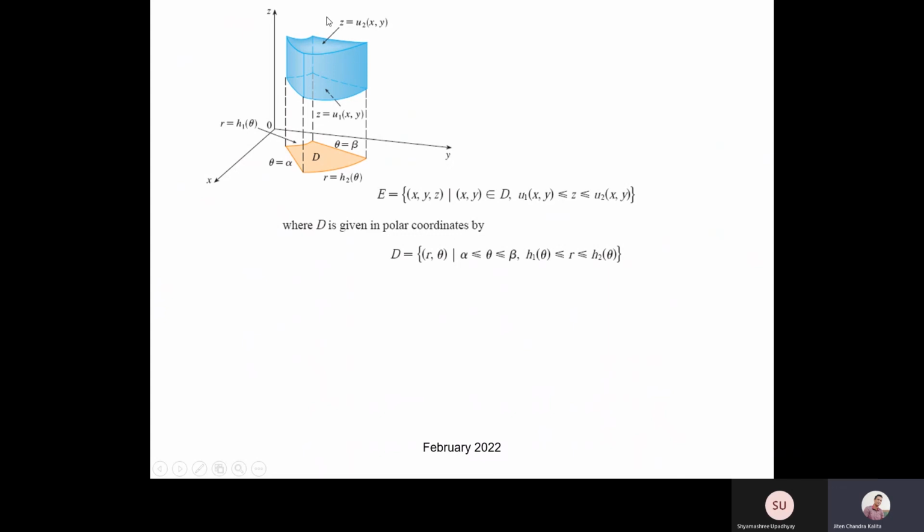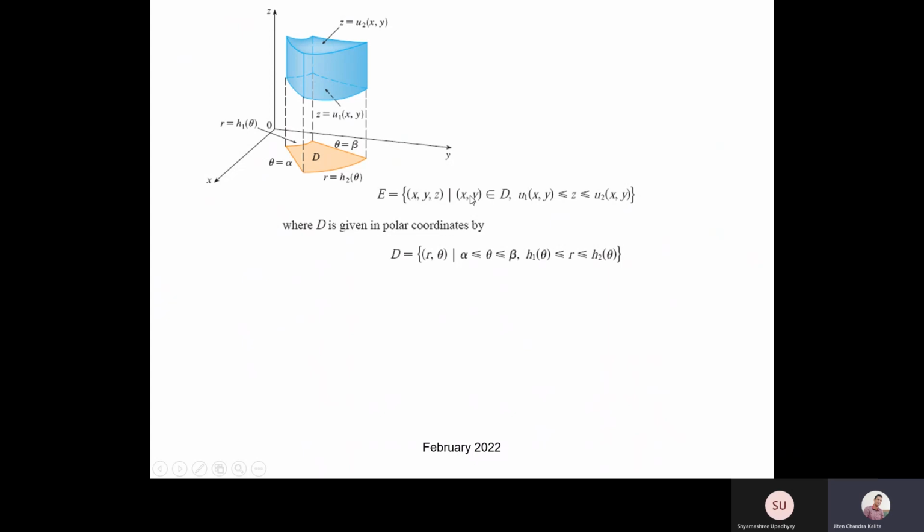And if you consider this a type 1 region, then if we express the region D in the xy plane as a polar rectangle, you can describe the region E as this.